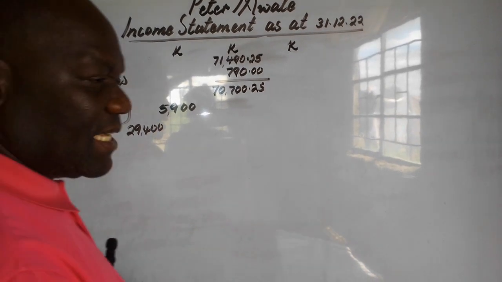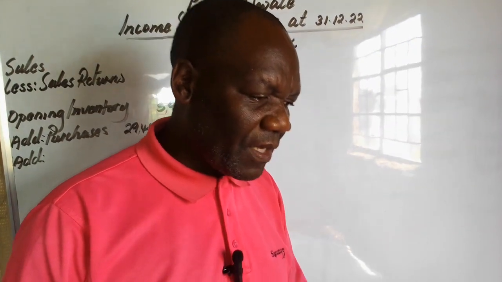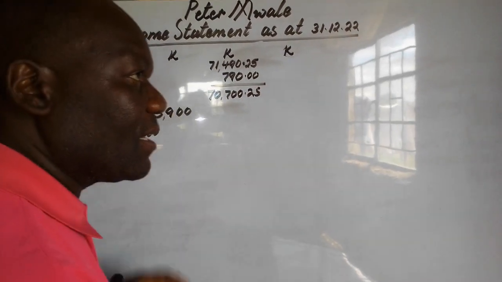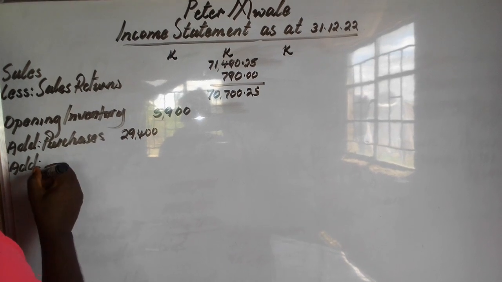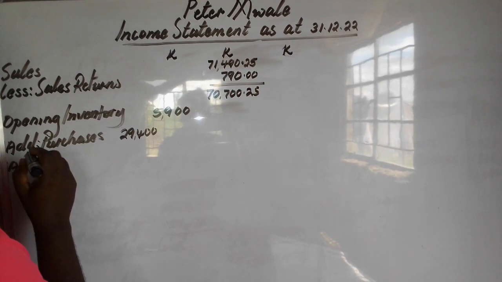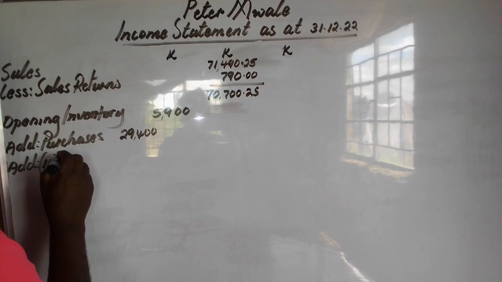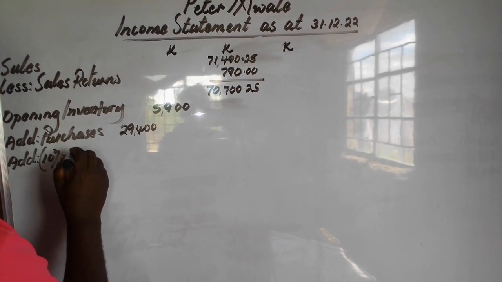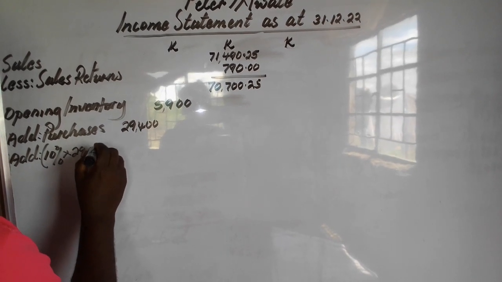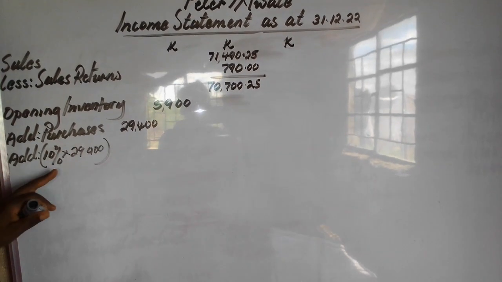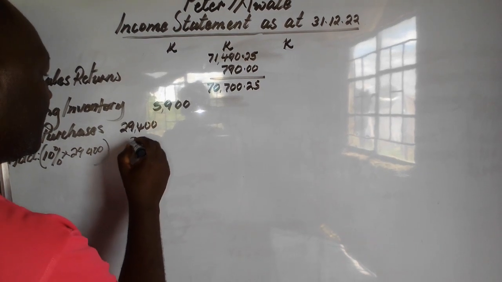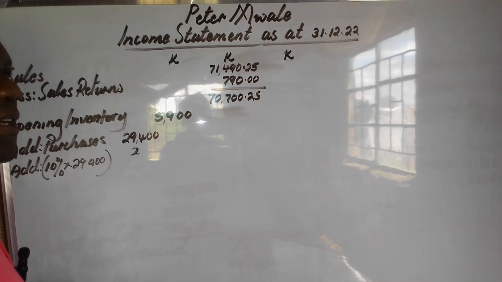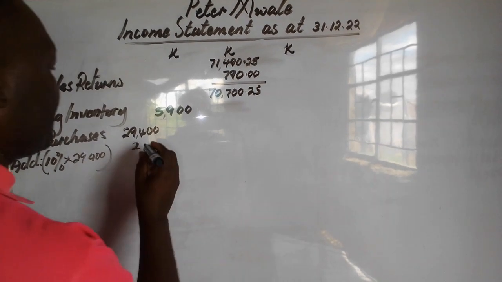Carriage inwards, it said 10% in the question. It said 10% of purchases is carried inwards. So let me do the working here. 10% of this gives me 2,940.